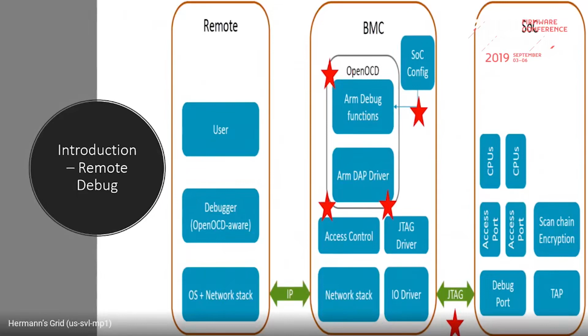It also has an ARM debug access port driver. So if OpenOCD can run on the BMC, and if it is provided with the SOC configuration, using a JTAG driver, which is hardware dependent, in theory we can access the debug port on the SOC and be able to source level debug the SOC.